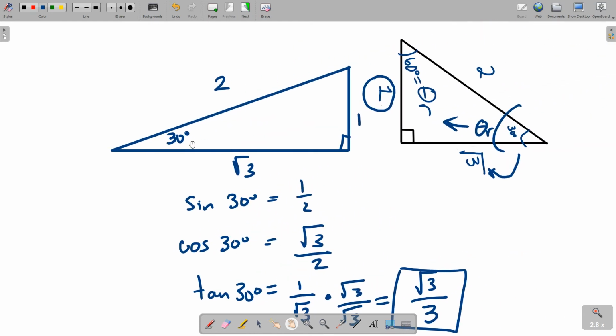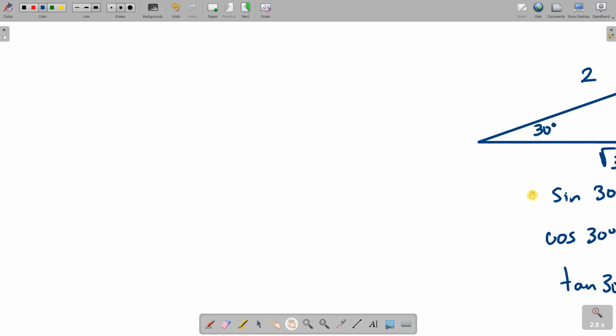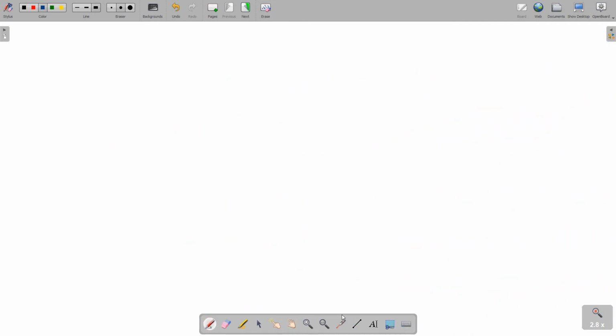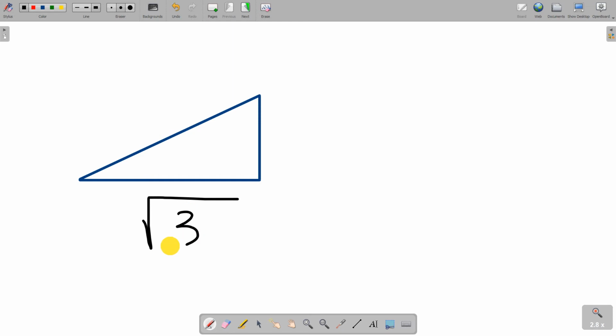These two triangles need to get memorized. Again, I'll redraw them from scratch. This is what you have to be able to quickly do in a problem-solving scenario. Drawing a triangle, this is the big base. The big base is square root 3, a little height 1, and hypotenuse 2. This is a 30-degree triangle.